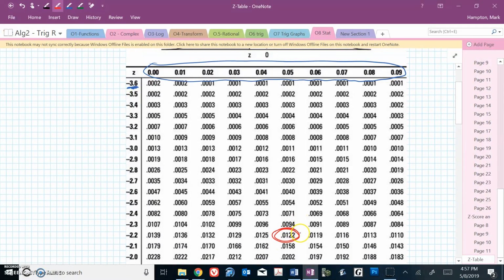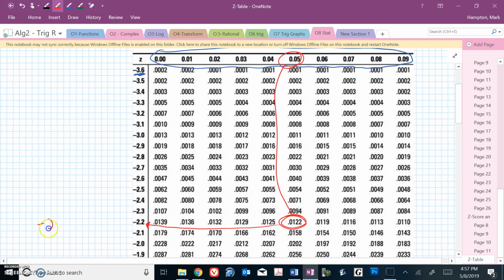The z-score that is represented here is negative 2.2 connected with 0.05. So negative 2.2 plus 0.05 means the z-score that it is representing is negative 2.25. All right. Now, what does that number inside the circle mean?